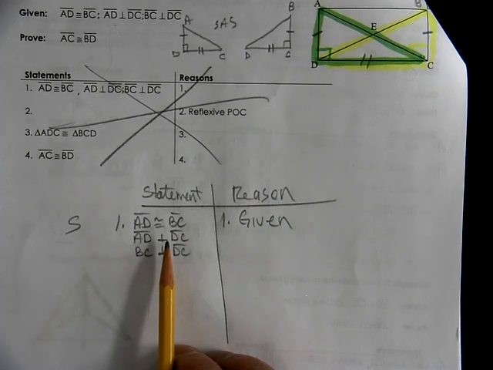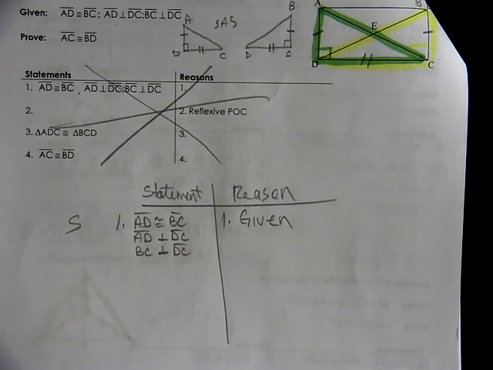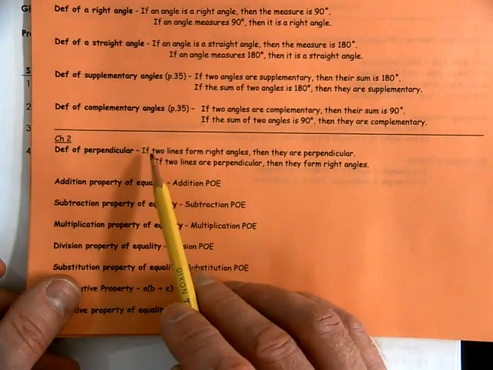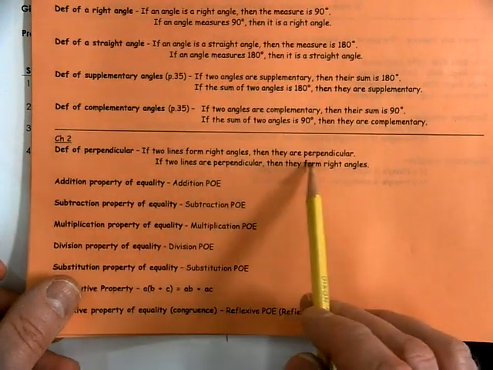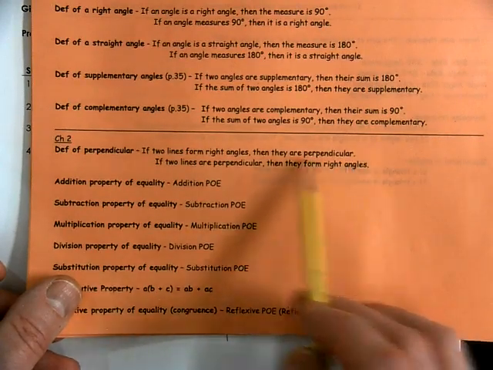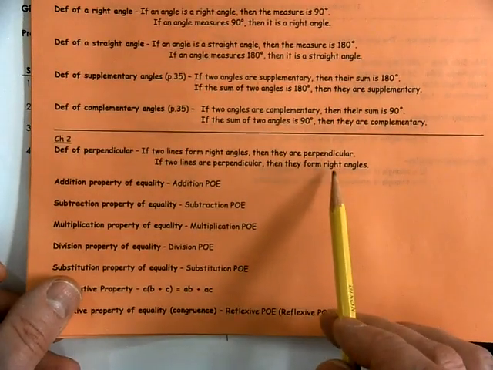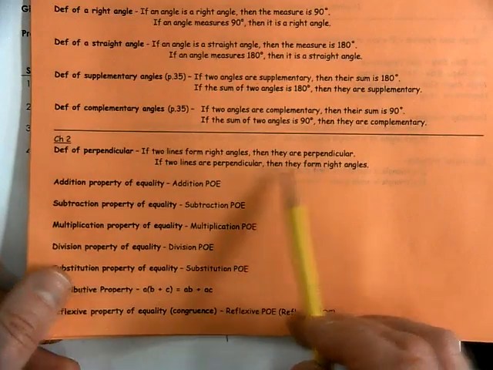So here we see that they're perpendicular, and then we're going to know that they create right angles. If perpendicular, then right angle. On our sheet, if two lines are perpendicular, then they form right angles. Every time you start out with perpendicular, this is what we're going to say next. Every time. Perpendicular makes right angles. All the time.